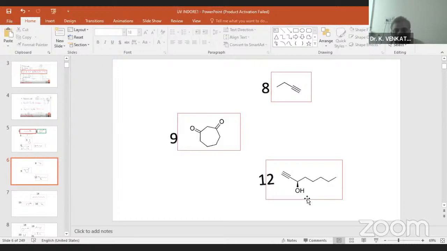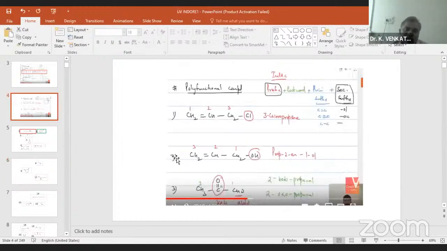So that time we can take any one side for numbering. Which end has the first carbon? The triple bond. Yes, because when the functional group is present at the end, we can take that as the first carbon.